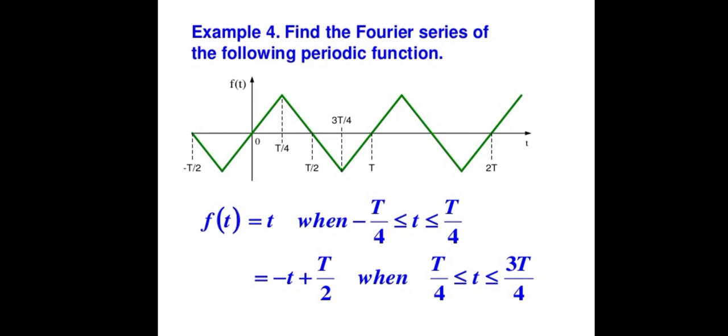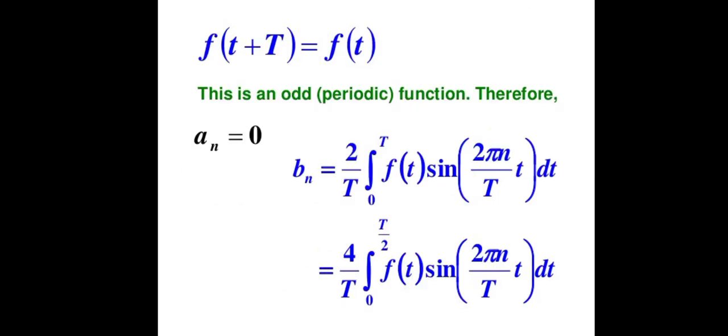Then f of t is equal to t when minus T/4 is less than or equal to t, which is less than or equal to T/4, and f of t is equal to minus t plus T/2 when T/4 is less than or equal to t, which is less than or equal to 3T/4. Then find out whether the periodic function is even or odd.